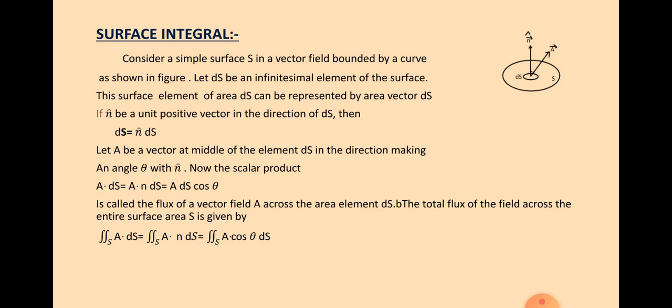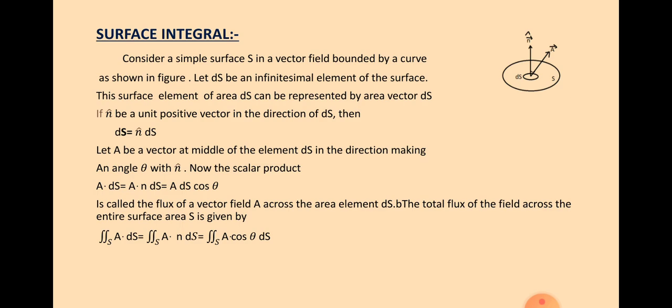Suppose we consider a simple surface as shown in the figure, in a vector field, bounded by a curve. Let ds be a small infinitesimal element of the surface. This surface element of area ds can be represented by the area vector ds. Let n cap be a unit positive vector in the direction of ds, then ds equals n cap ds.